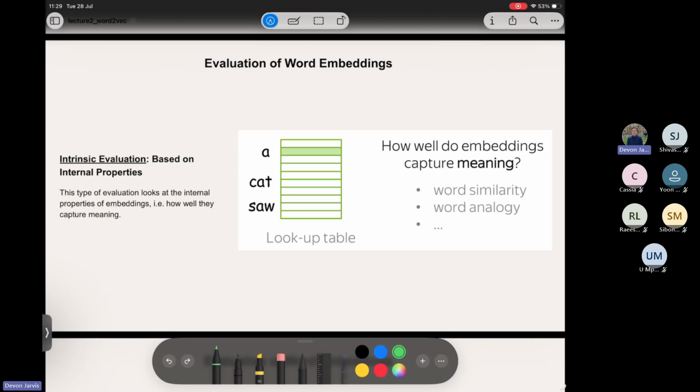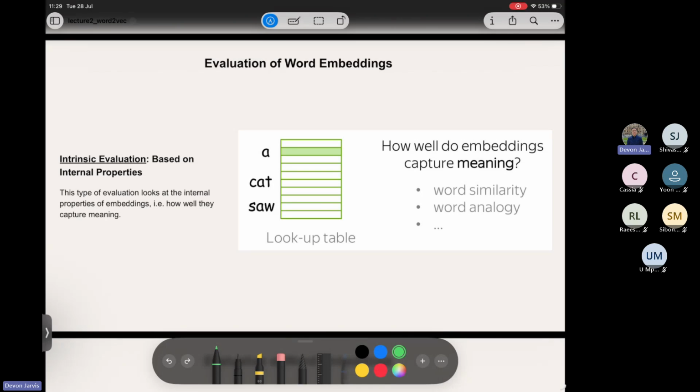All right, it looks at the internal embeddings and how well they capture meaning. Okay, and how can you do that? Well, you can take your embedding layer now, so again, the encoder of this Word2Vec, and you can just treat it like a lookup table and start to probe things you think should be true, right? You're just designing this experiment now on these word vectors.